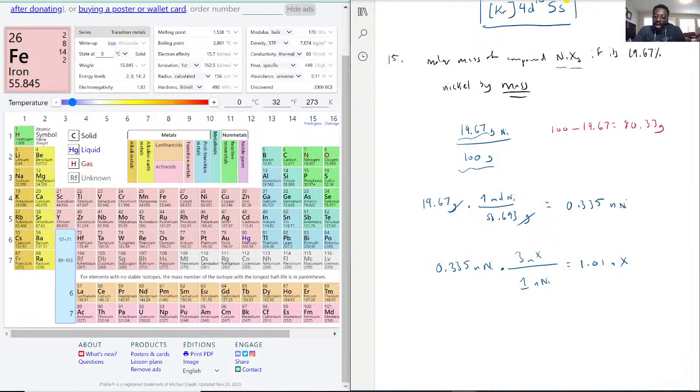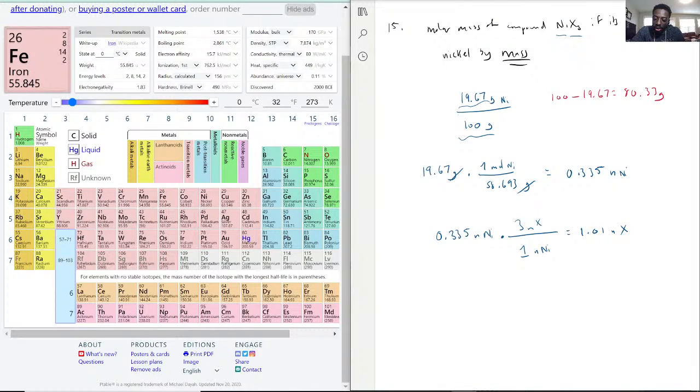So with that being said, that is going to be the theoretical grams there, and that means that for the X, we're going to divide that per its moles to be able to get its theoretical molar mass.